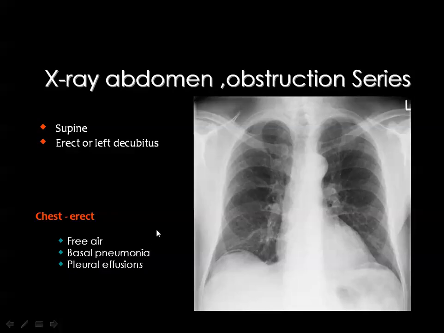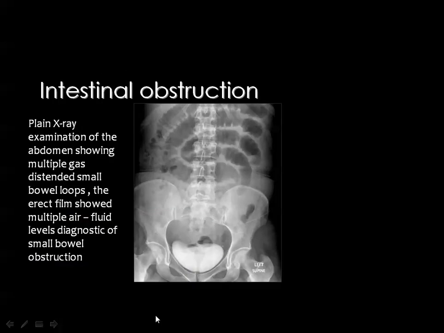The frontal chest X-ray is one of this series, which will help very much to show free air under the diaphragm, indicative of pneumoperitoneum, and it may show basal pneumonia and also the presence of pleural effusion.